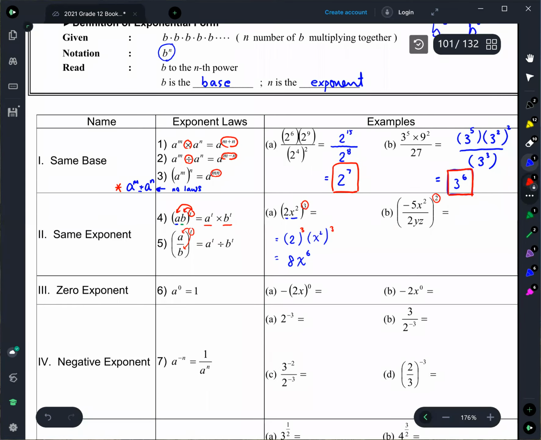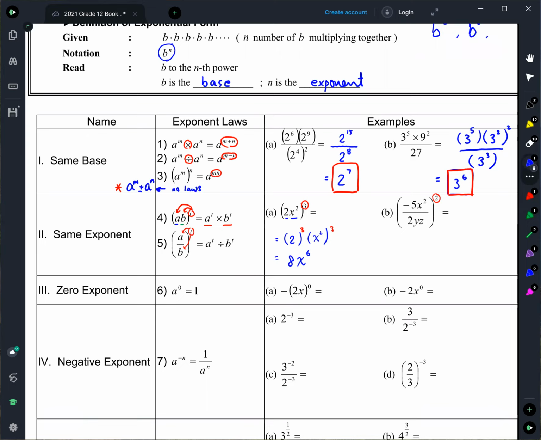All right, so please tell me how many bases are inside we need to share. Well, how many things are inside the brackets that we need to share the exponent with?